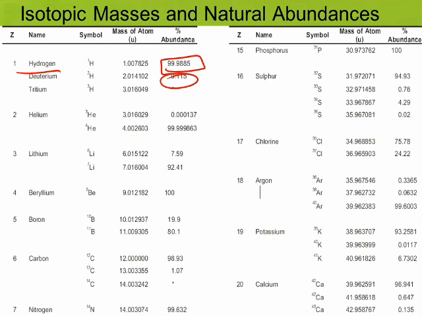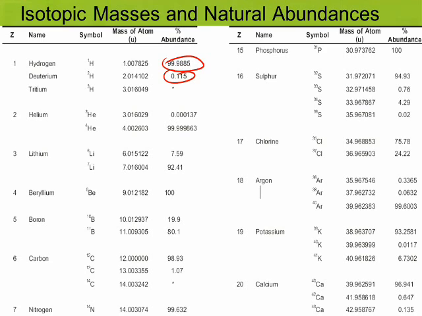Less than a percent is deuterium, which is hydrogen-2, and even a smaller amount is tritium. But because they do exist, they throw off the atomic mass number to the average atomic mass of 1.008. Because of this relative abundance, the percentages will cause the mass to be a decimal.